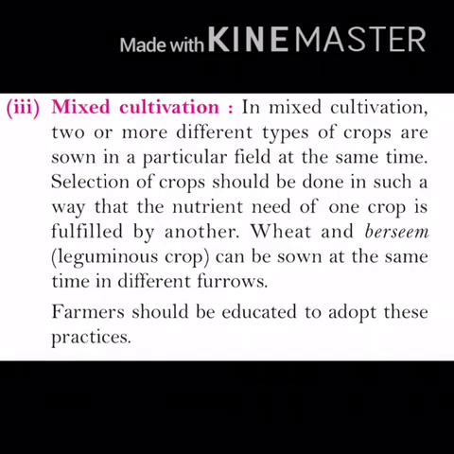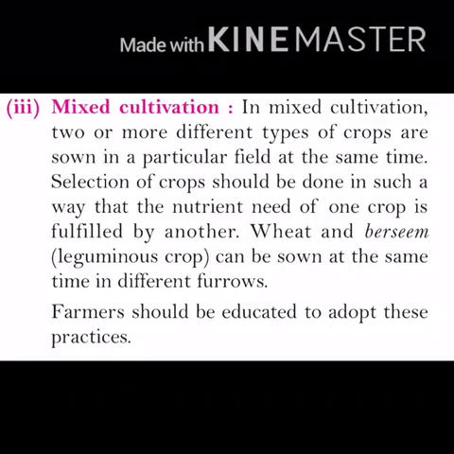Next is mixed cultivation. In this method, two or more different types of crops are sown in a field at the same time, and they are selected in such a way that the nutrient need of one crop is fulfilled by another. Here one example is given: wheat and berseem. Berseem is a leguminous crop, meaning it can provide nitrogen to the soil.